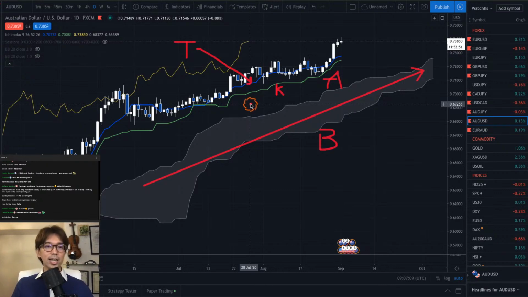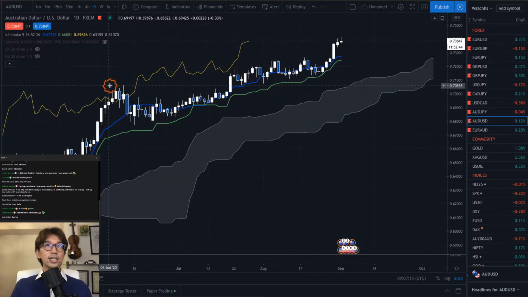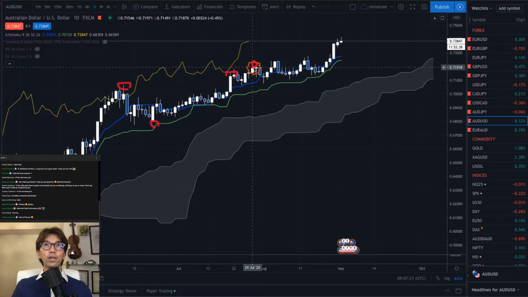So right now this is N wave, and the highs are getting higher and higher. The highs are renewed higher in this case, and lows are also getting higher and higher too. When you connect these dots, you can see that the highs are getting higher and the lows are getting higher and higher too.